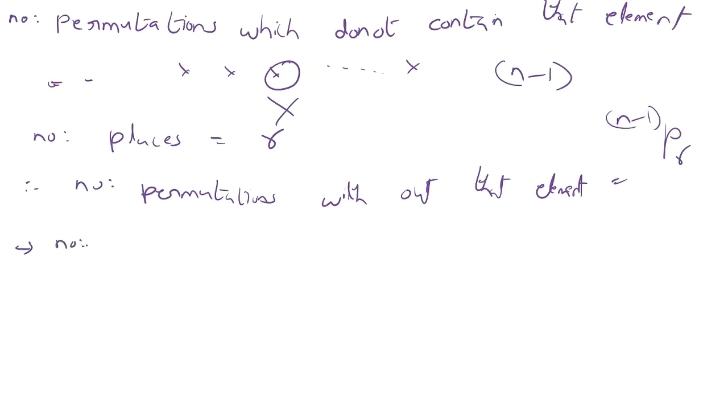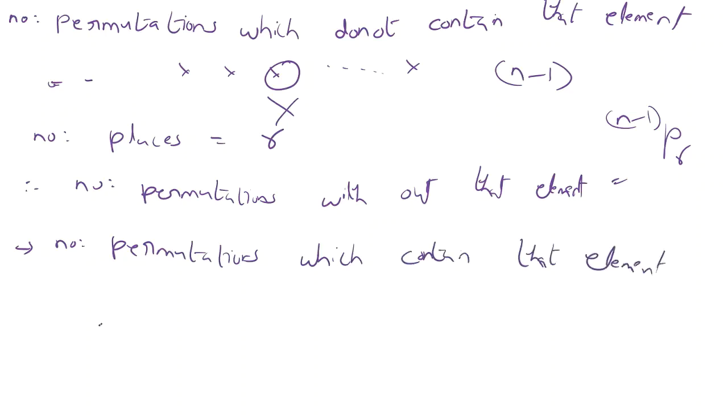Now the number of permutations which contain that element is equal to r times n minus 1 P r minus 1.